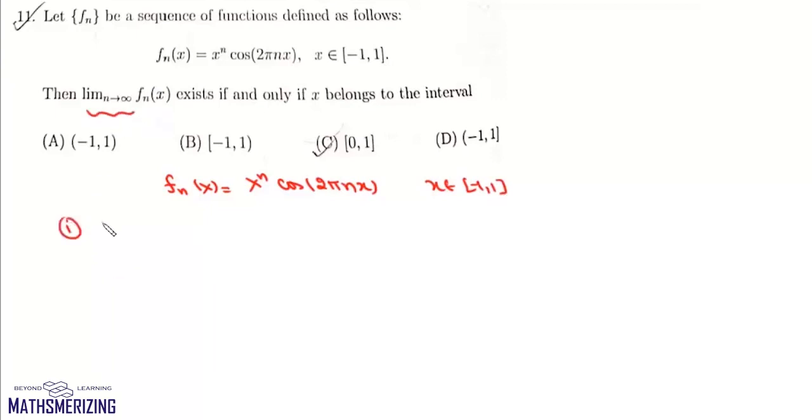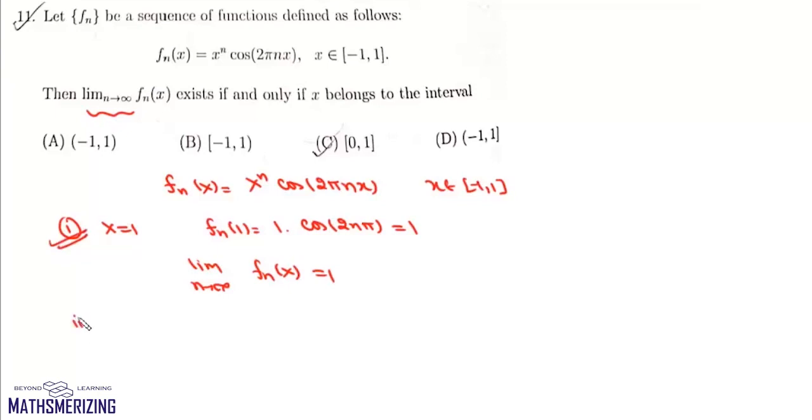Now if we consider the first case, when the value of x is 1, we can write fn1 as 1 into cos 2n pi, and cos 2n pi is 1. So in this case, limit n tends to infinite fnx will be simply 1. So for x equal to 1, this limit exists.